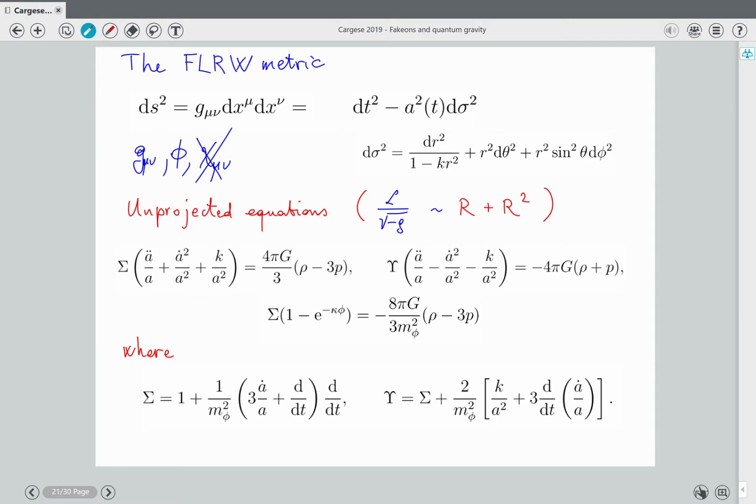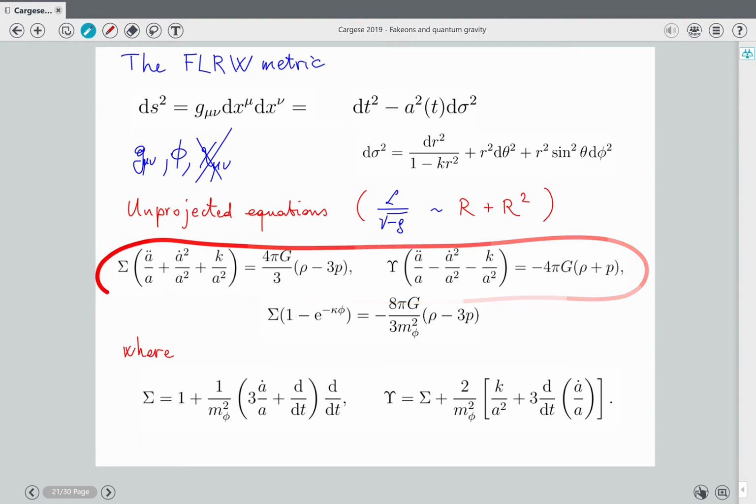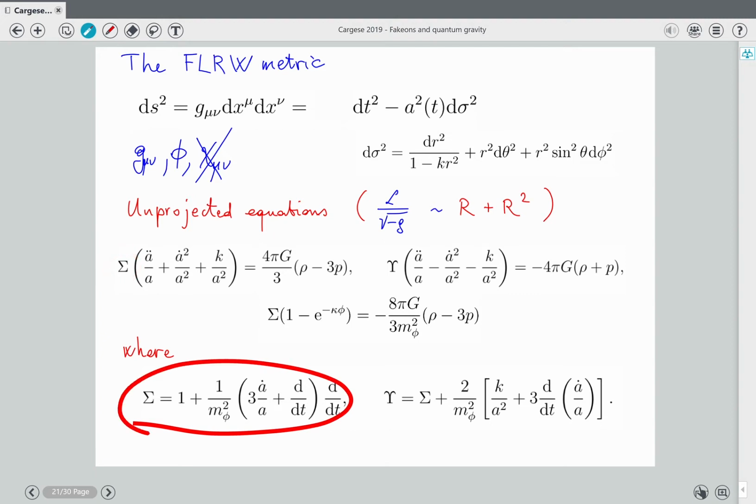If you start from the higher derivative theory and you work out the field equations, the equations of motion, here they are. I didn't find the equations in the literature written in such a nice way, so maybe you find this useful for your own purposes. The factorization you see here, I didn't find in the literature. You factorize this thing times an operator, and this thing times the other operator, which are defined here.